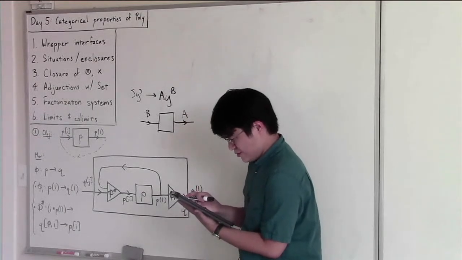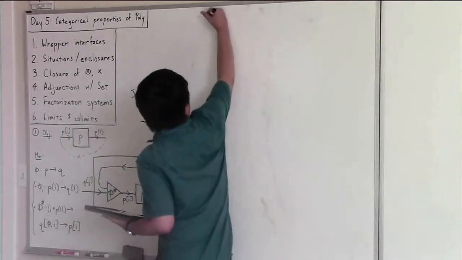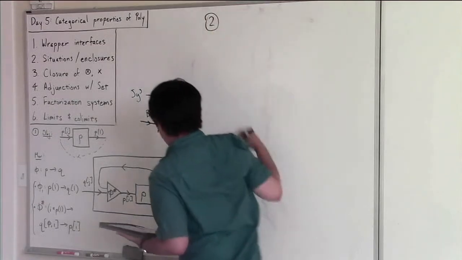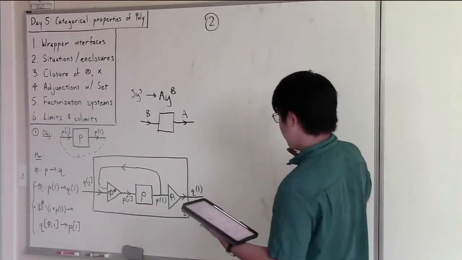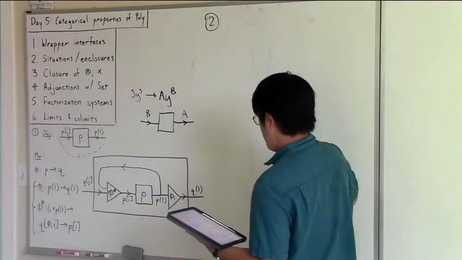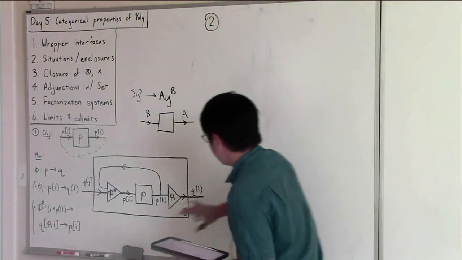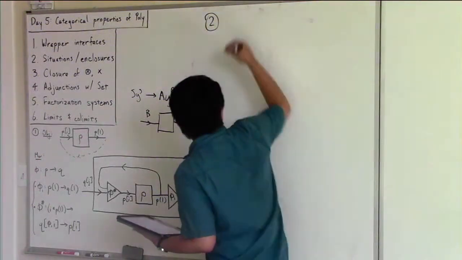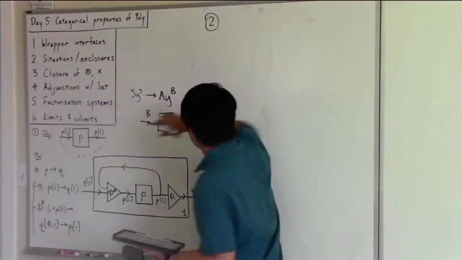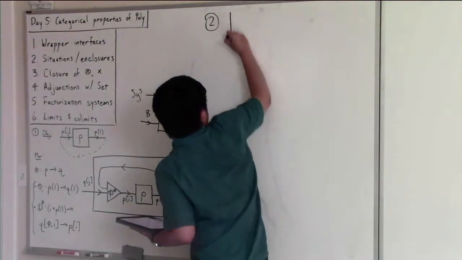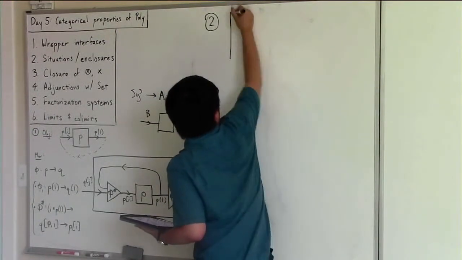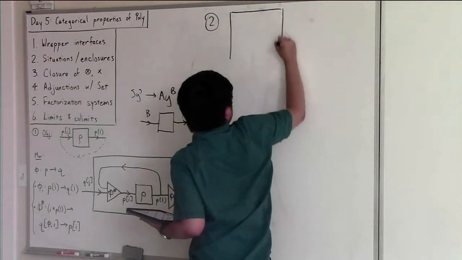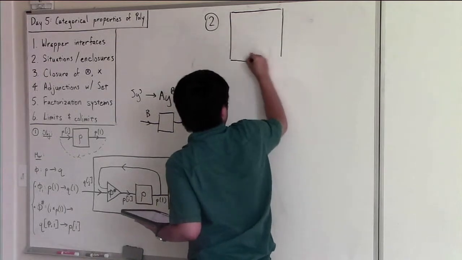And so I guess what I'm trying to say here is that eventually, if we have a closed system, it's as if we're wrapping a polynomial with a closed box with no inputs and no outputs.